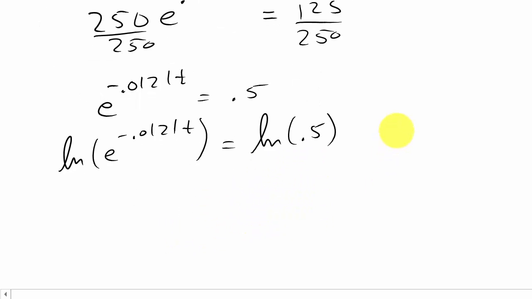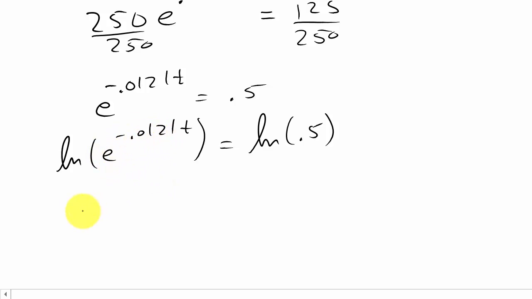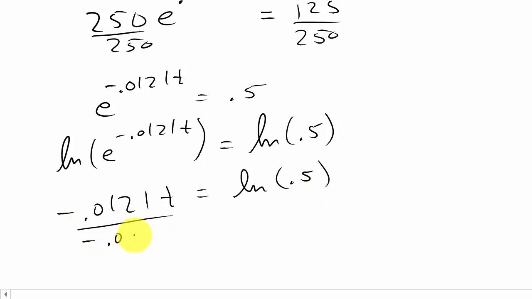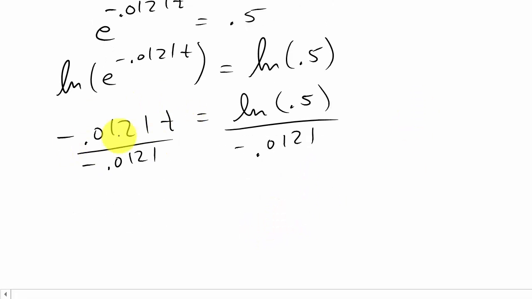And so I'm going to take the natural log of both sides. Remember, I explained this earlier. That's just negative 0.0121t equals natural log of 0.5. Divide both sides by negative 0.0121. And I know I rounded this to 4 decimals, but I would recommend just writing all the decimals.